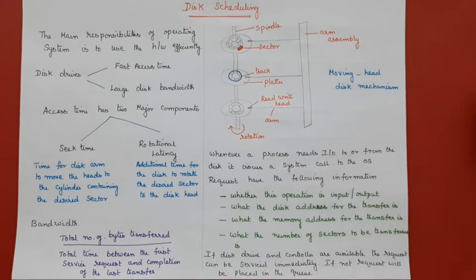Next, what the disk address for the transfer is, what the memory address for the transfer is, and what the number of sectors to be transferred is. These are the main pieces of information that will be in the request.